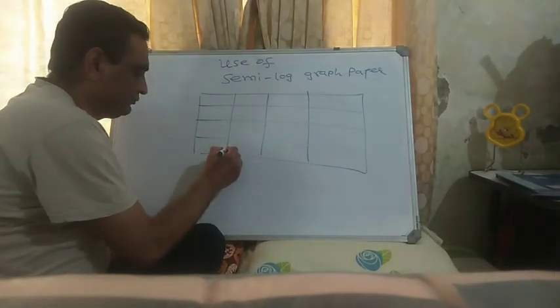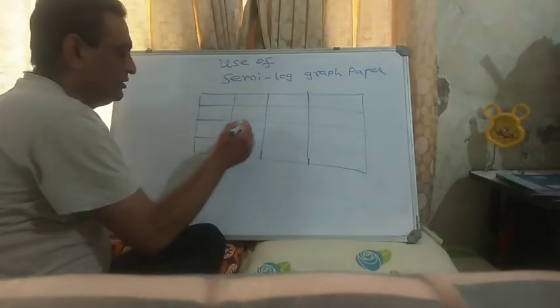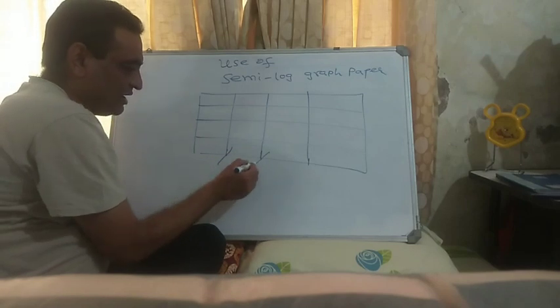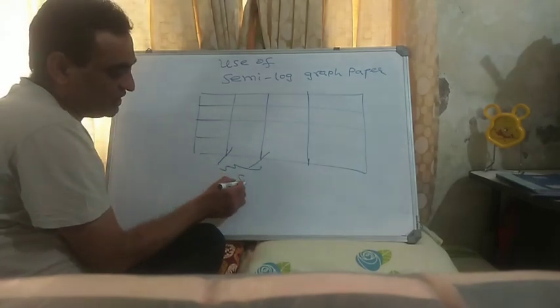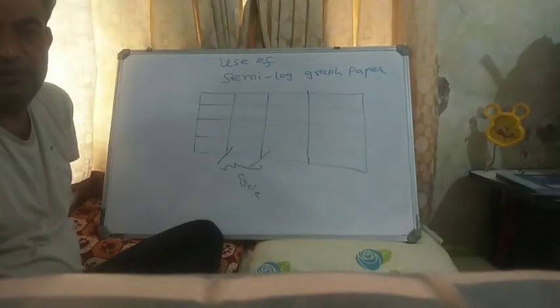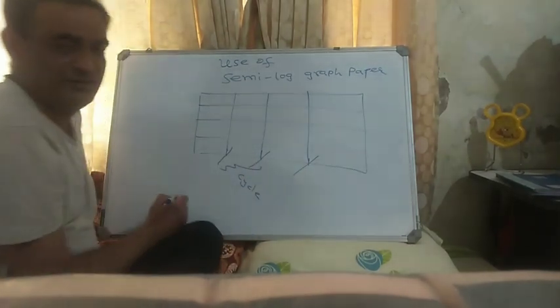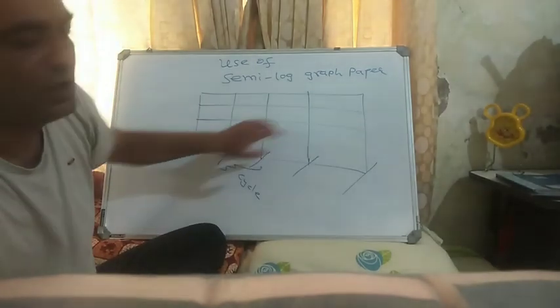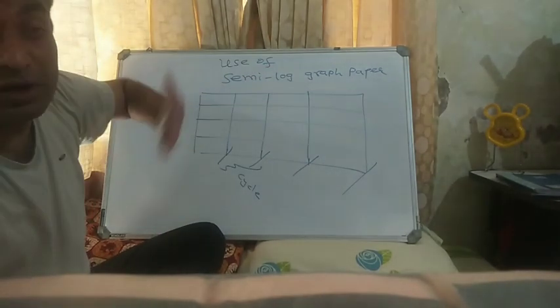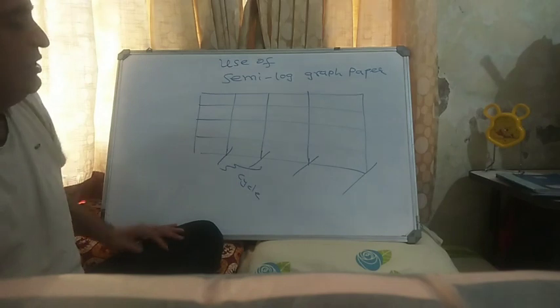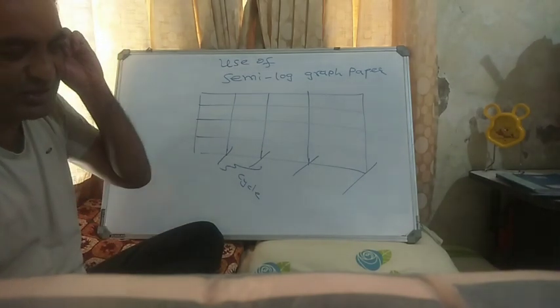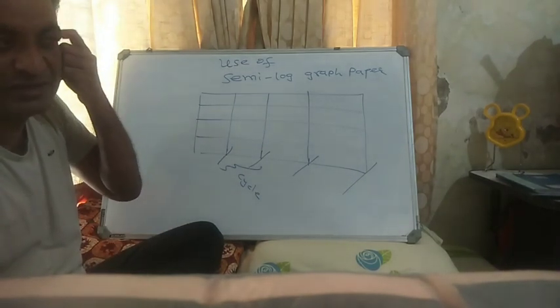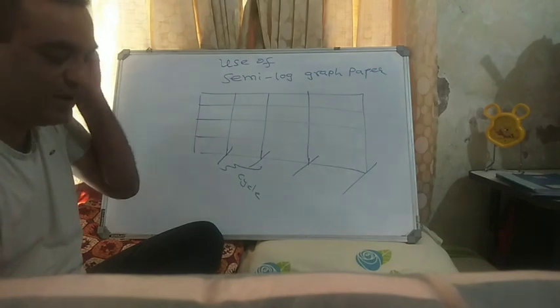This distance is known as a cycle, one cycle. This is another cycle, and this is another cycle. So this is 1, 2, 3, 4: a 4 cycle semi-log graph paper. In stationery, 5 cycle or 6 cycle semi-log graph papers would be available.